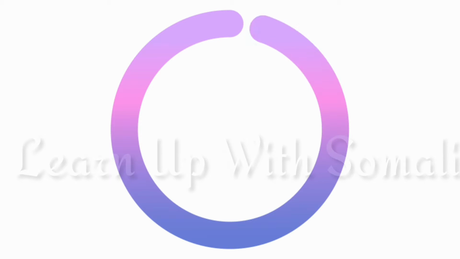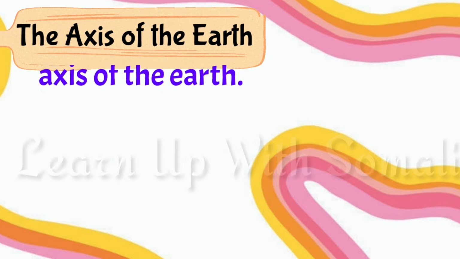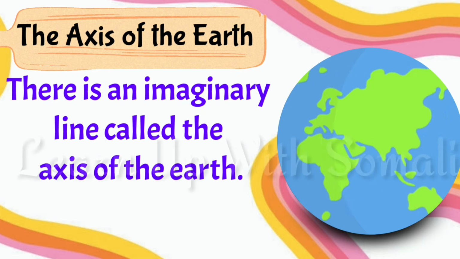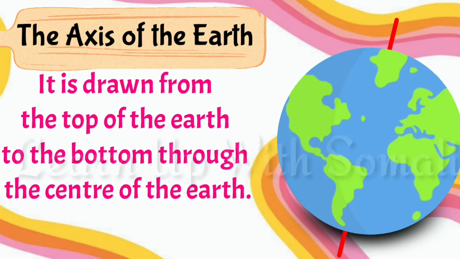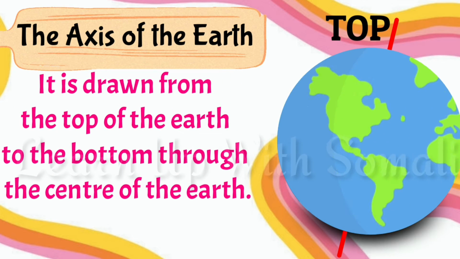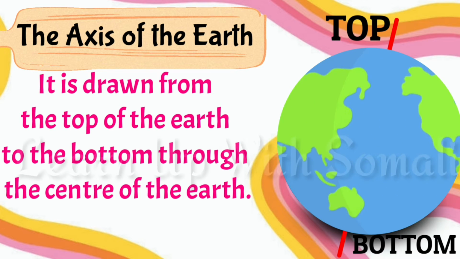Now let us know about the axis. There is an imaginary line called the axis of the Earth. It is drawn from the top of the Earth to the bottom through the center of the Earth.